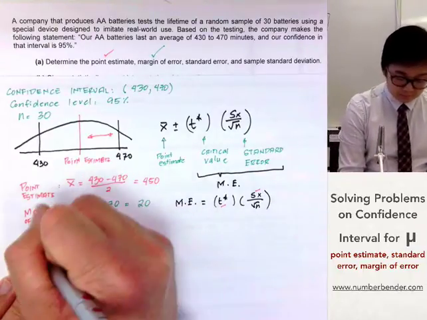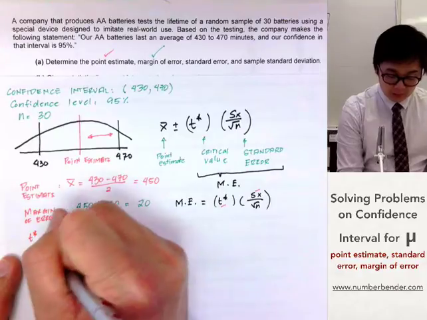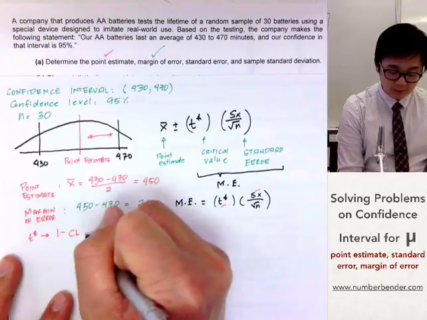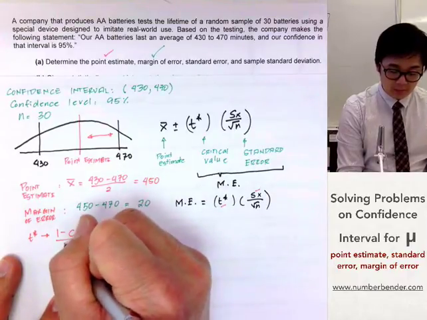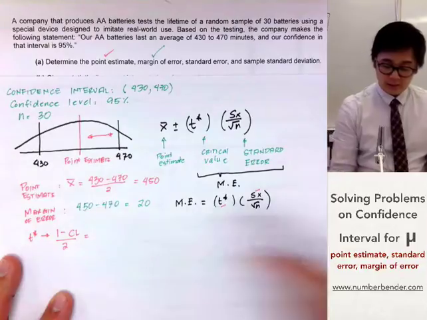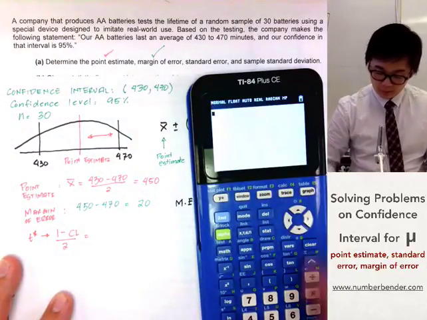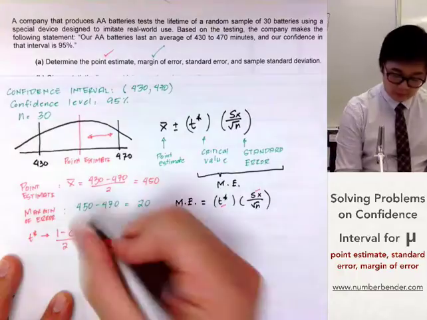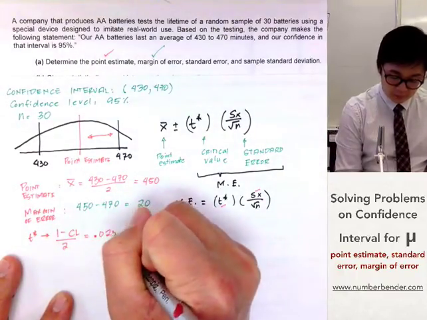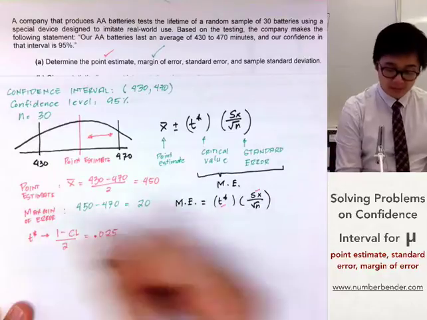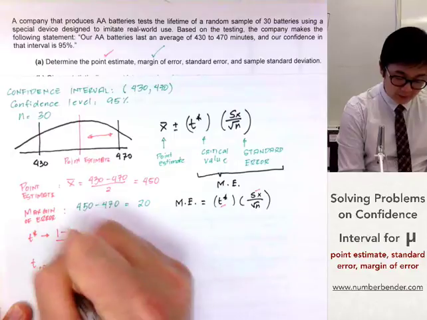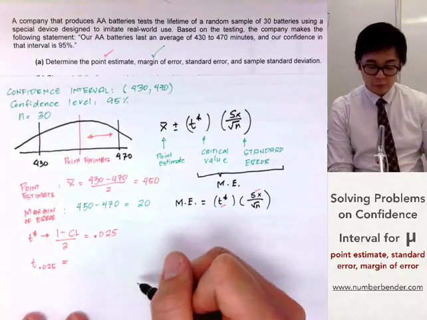So t star, or the critical value, can be found using 1 minus the confidence level, divided by 2, and that will give us 1 minus 0.95 divided by 2, which is 0.025. So this will be the value that we use to find the t value at 0.025.